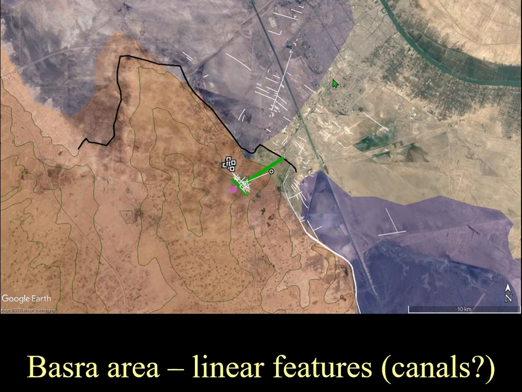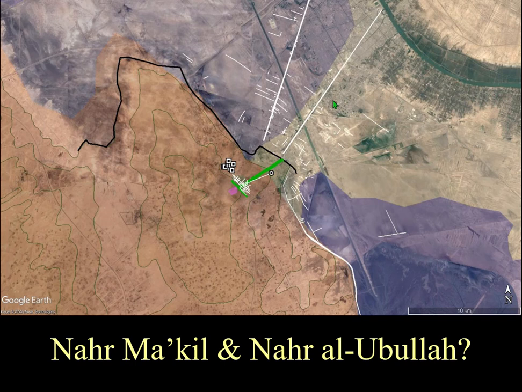And there seemed to be another one here, which is where the modern road between Az Zubair and modern Basra is. There are accounts of two major canals, the Nahr Dijla, which goes into Ubulla here, and the Nahr Ma'qil, which went up towards Baghdad. And that's probably that one there.